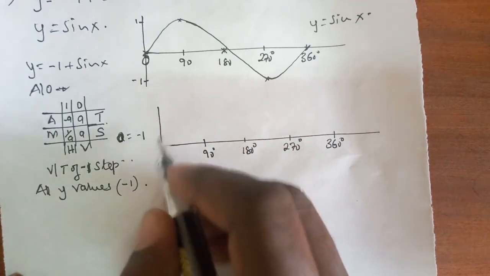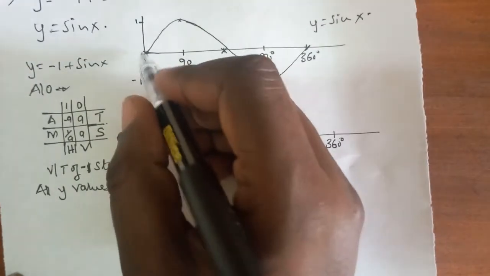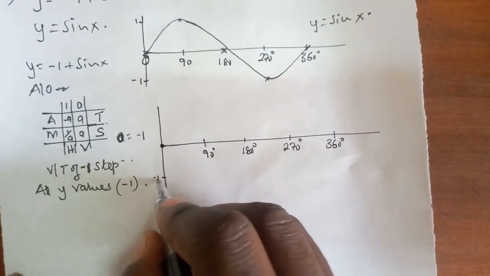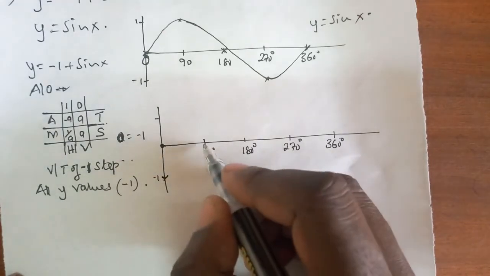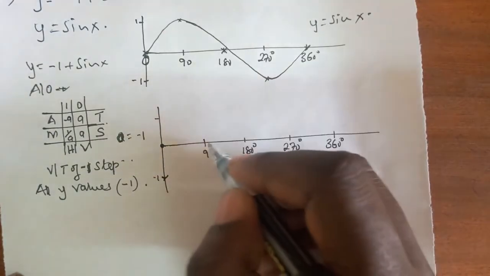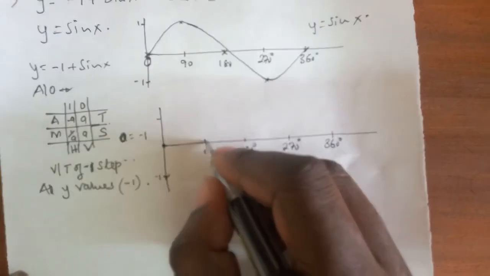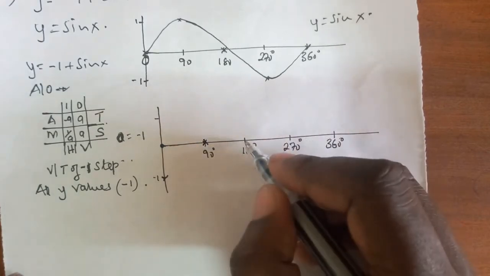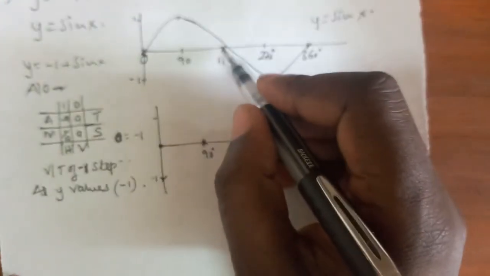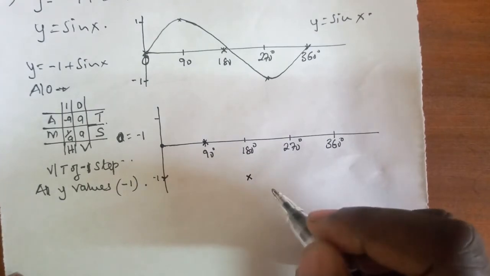When x was 0, 0 minus 1 becomes -1. So this point comes there. When x was 90, y was 1, 1 minus 1 becomes 0. When x was 180, y was 0, 0 minus 1 becomes -1.